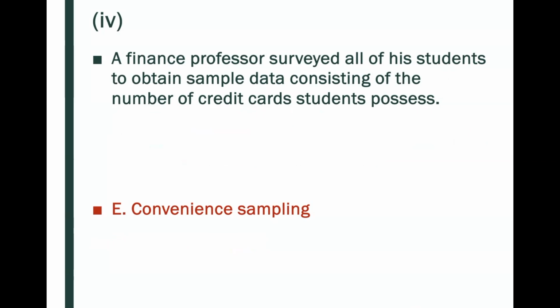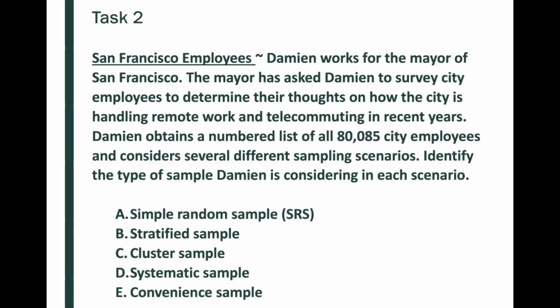Here he was a finance professor, and it was convenient for him to survey all of his students. So this is an example of convenience sampling. All right, task 2. Here we have San Francisco employees.